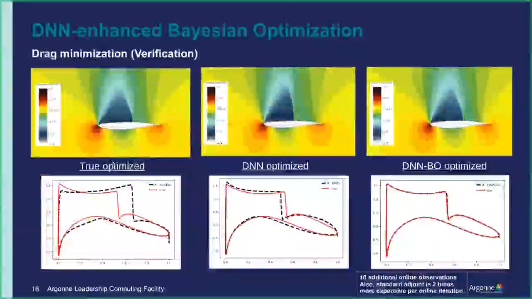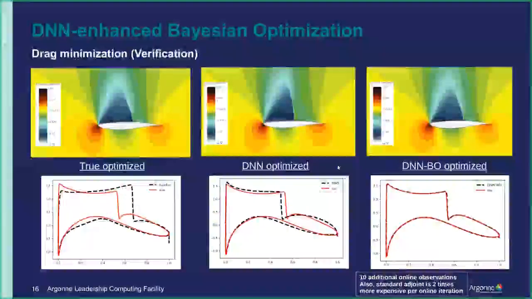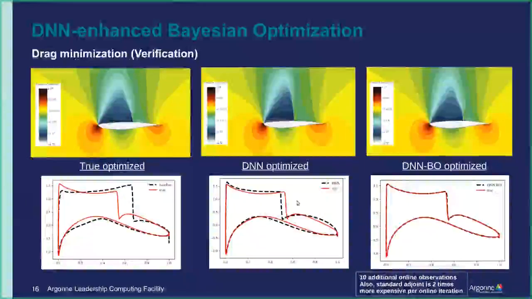And when we do that, lo and behold, we're able to improve quite a bit on the solely DNN-optimized solution. Because we have the luxury of 10 online iterations, we are able to handle this issue of inaccurate predictions due to improperly trained deep learning frameworks, which are obviously very training data hungry, right?